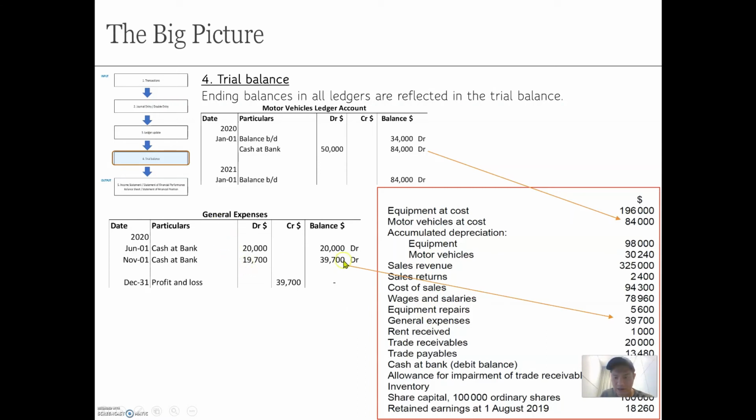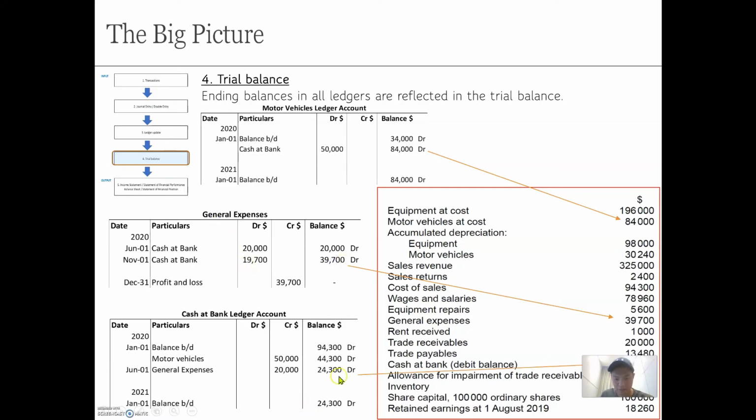General expense 39,700, cash at bank 24,300, it will all be reflected here, right? Just bear in mind, the ledger is an output of double entries or journal entries, because journal entries influence the balance in the ledger, and whatever is left in each of these ledgers then flows into the trial balance.